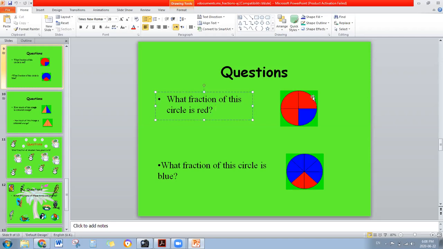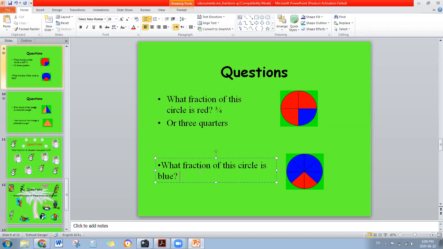So you have 3 over 4, and it is read as 3 quarters.